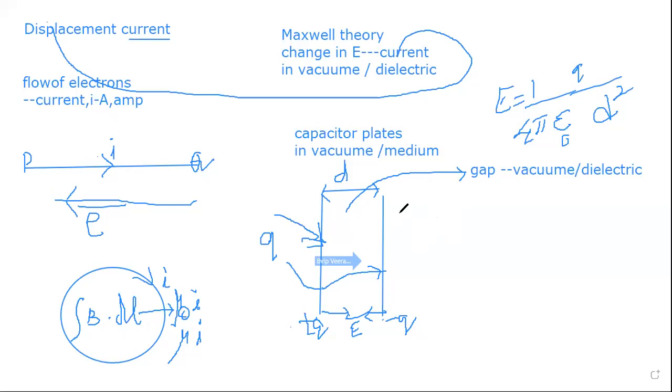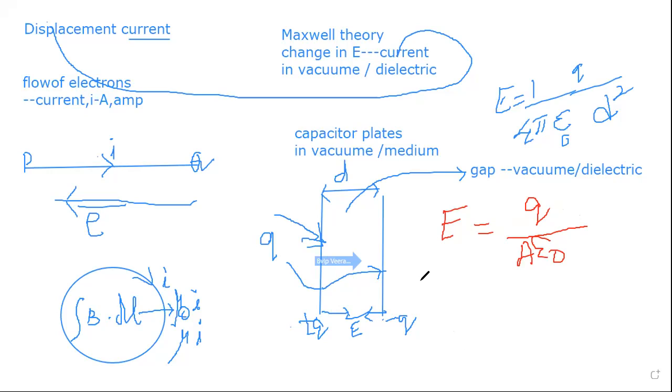So this electric field E equals Q, the charge given to the plate, divided by A, the area of the plate, multiplied by epsilon naught.